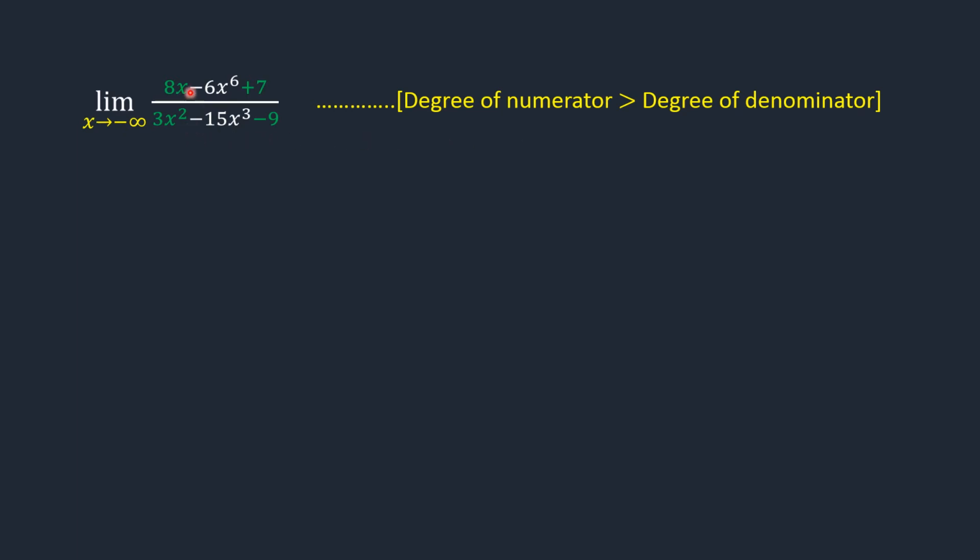Next, the terms 8x plus 7 in the numerator and 3x squared minus 9 in the denominator become insignificant compared to the highest degree terms, minus 6x to the power 6 in the numerator and minus 15x to the power 3 in the denominator, as x approaches minus infinity.